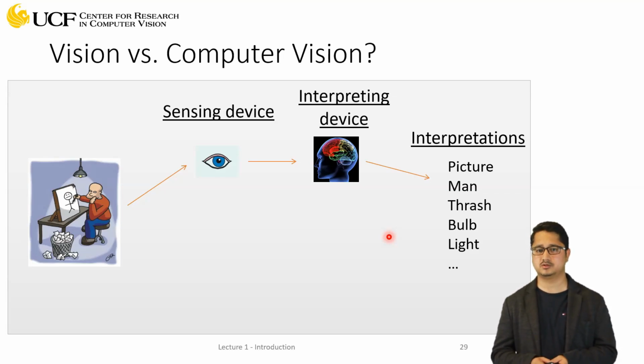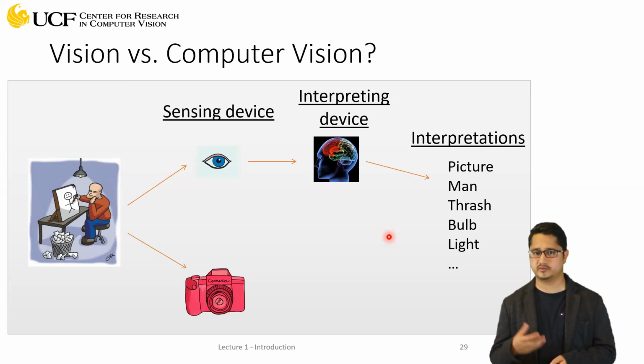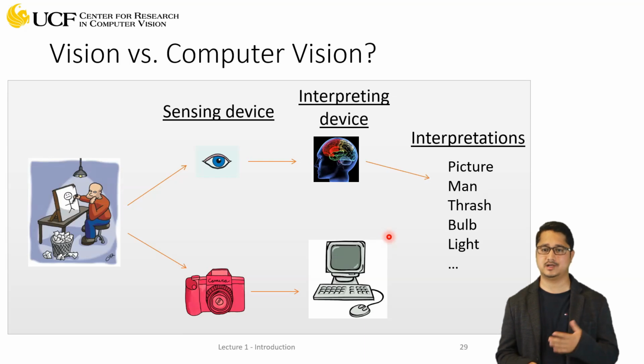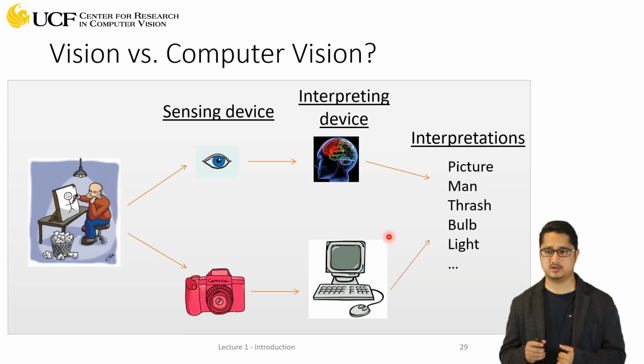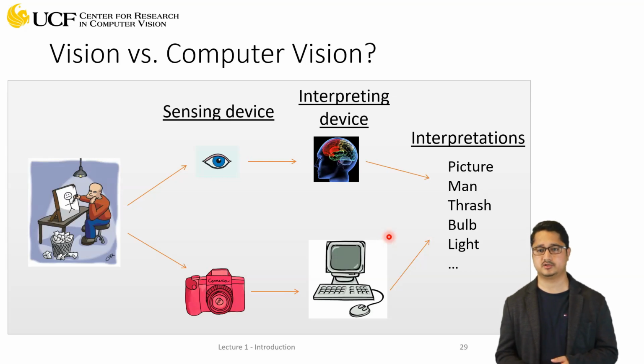So you can make all those semantic interpretations. Similarly, in computer vision, we try to mimic that. And instead of the eye, we have a camera, which will capture this visual information. And then we'll have computation power, which will try to make a semantic interpretation of whatever has been captured by this camera. And the goal is the same: can we identify these objects present in this image?